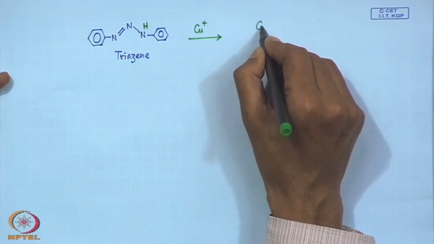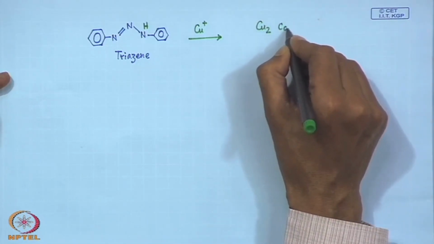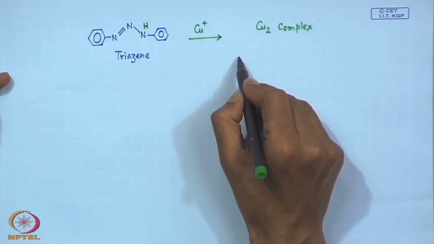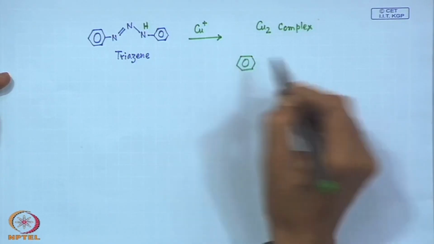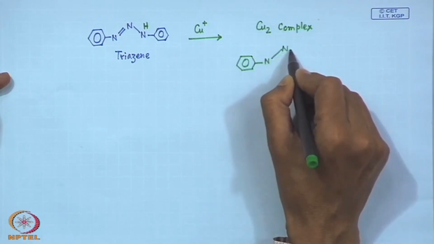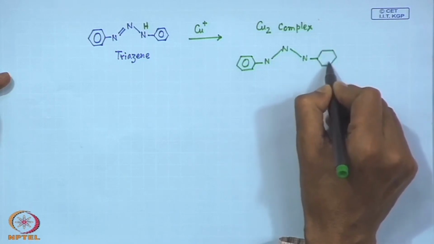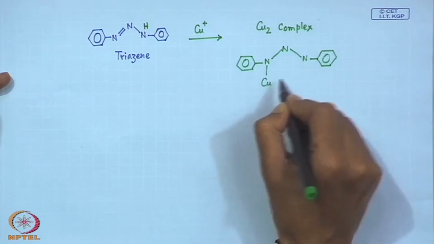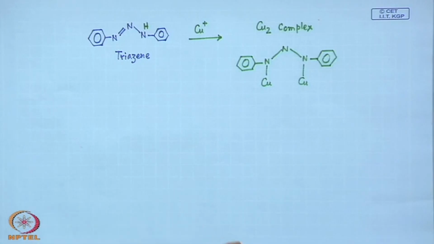So what we get is a copper 2 compound or copper 2 complex, where this nitrogen will bind to one copper and this will bind to another copper.